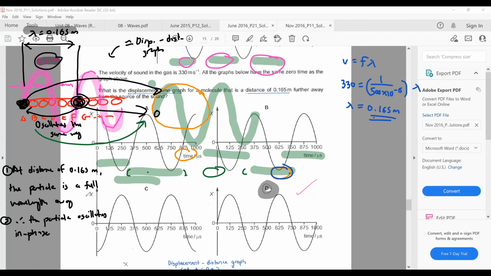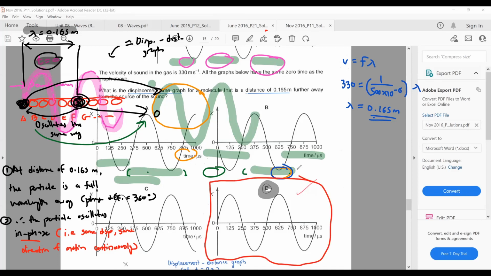It's a full wavelength away, with a phase difference of 360 degrees. The particles oscillate in phase. When you say something oscillates in phase, it has the same displacement and the same direction of motion continuously. Therefore your graph shape is like this.